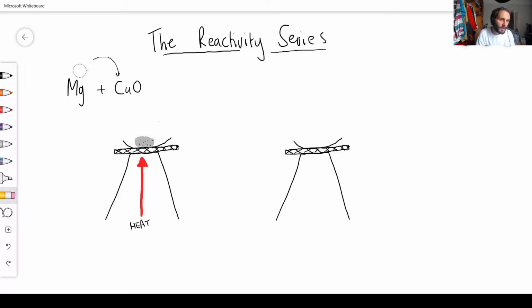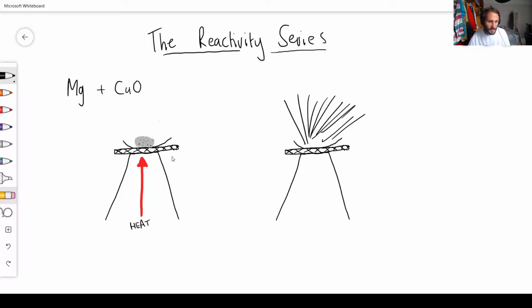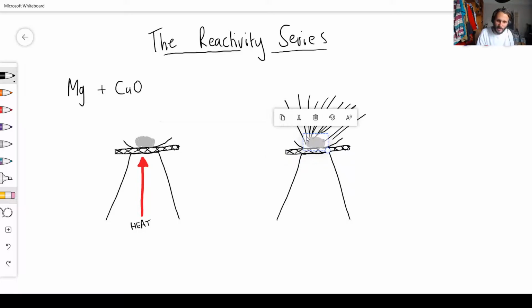Now, when this reaction actually happens, it's like an explosion. It's a massive explosion, because when this heat is applied, there's so much energy released. But once this has cooled down, magnesium oxide is going to form, and we are going to be left with copper.